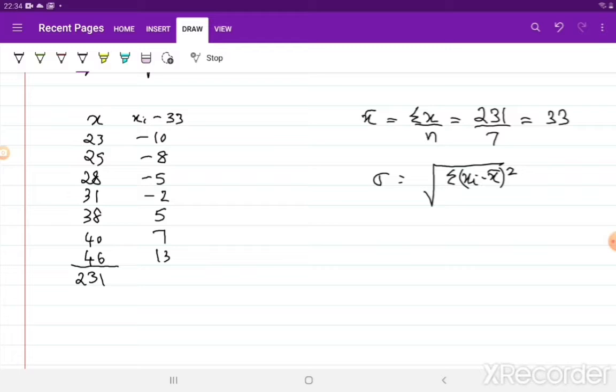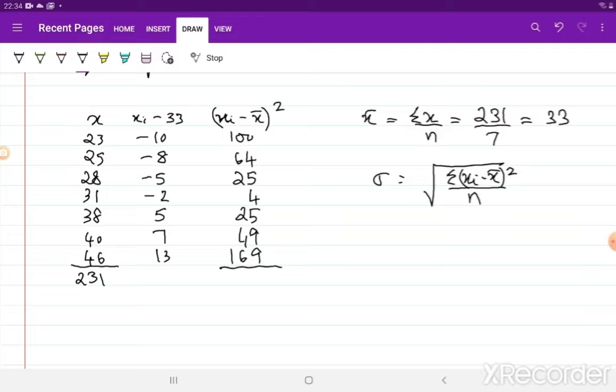Your formula for standard deviation or sigma is the square root of the arithmetic mean, that is summation of deviation squared divided by n. So now I need to find xi minus x bar the whole squared, where x bar is actually 33. So minus 10 whole square is 100, 8 whole square is 64, minus 5 square is 25, 4, 25, 49 and 169, all of which add up to 436.